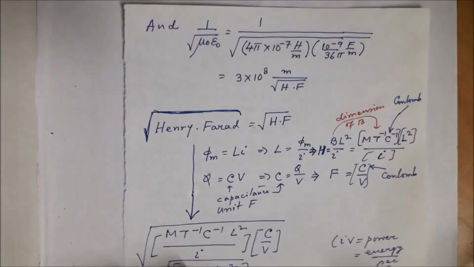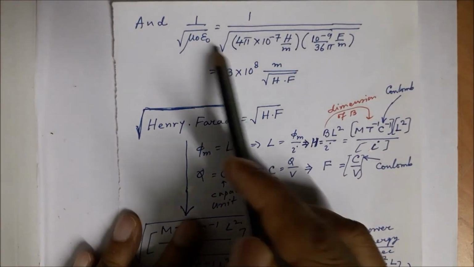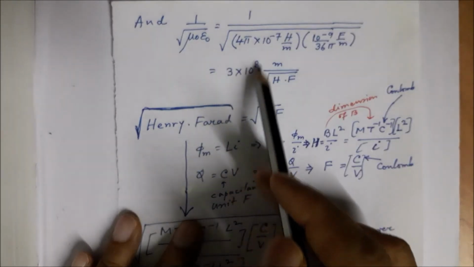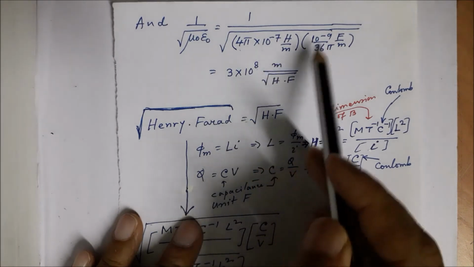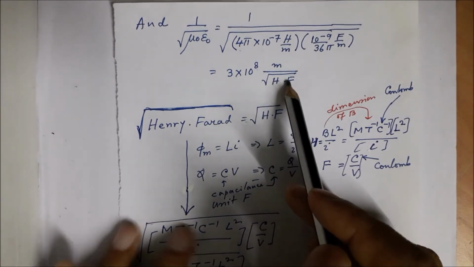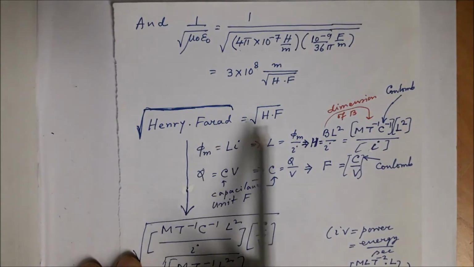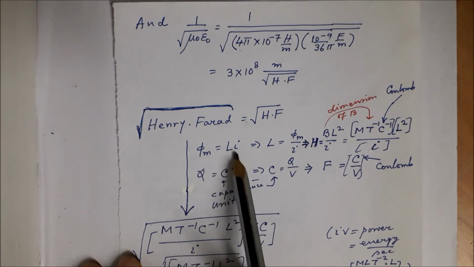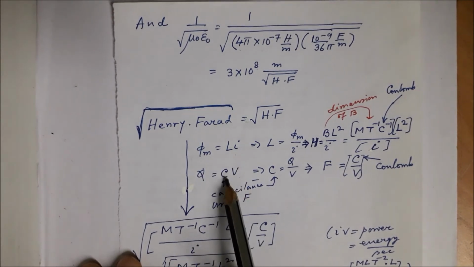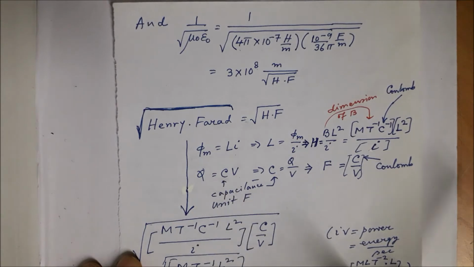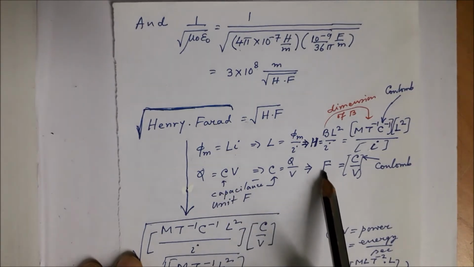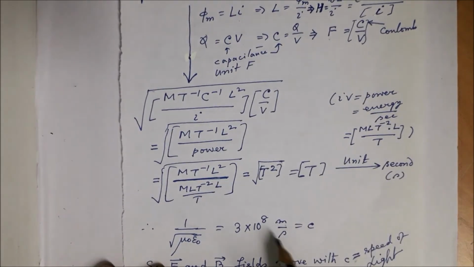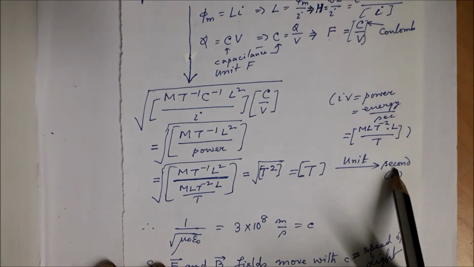See, so these are the calculations. We have put the value of mu 0 and epsilon 0 properly, so it straight away gives this numeric, which is 3 into 10 to the power 8 meter under root Henry into Farad. And Henry into Farad, if we follow the standard procedure, if we use these equations, phi m is Li and Q equal to Cv, here C is capacitance whose unit is Farad, then we end up with simply second.